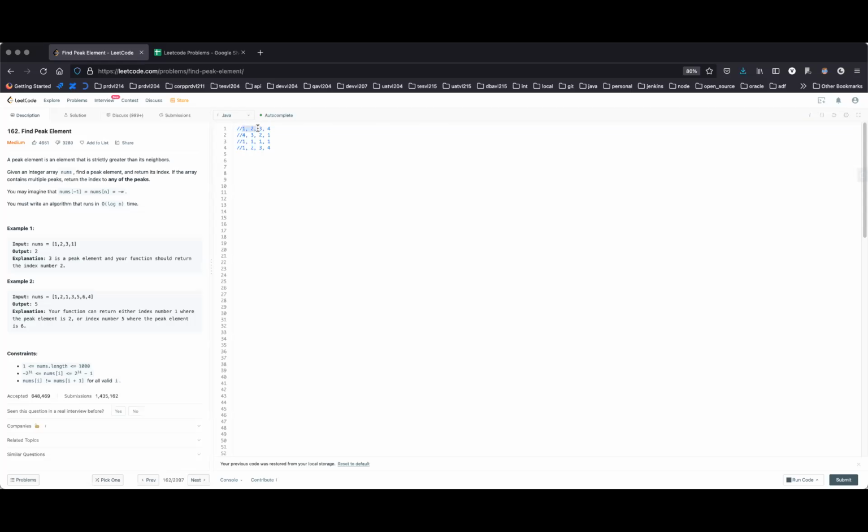The same thing can happen with an ascending array also, so here you can make an assumption. If the input set is sorted in ascending order, then definitely your peak is going to be at the nth index, the last index. If it's in descending order, definitely your peak is going to be at the 0th index.